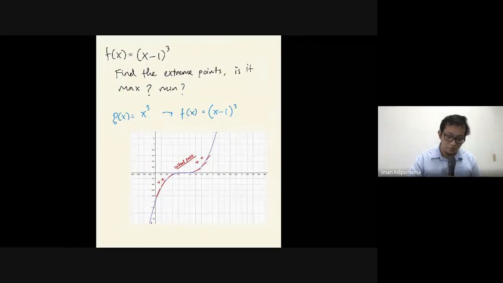So if I write it completely, then f prime is 3(x minus 1) squared, and it's equal to 0. So x should be 1. So the critical point is (1, 0). This is the critical point.